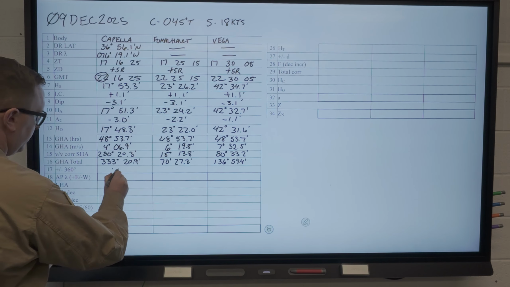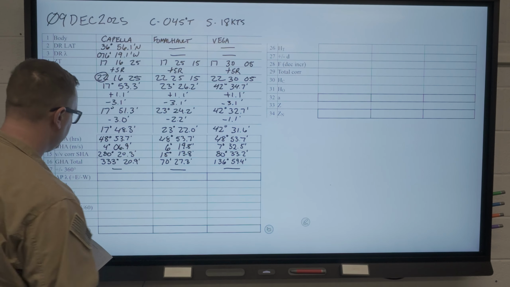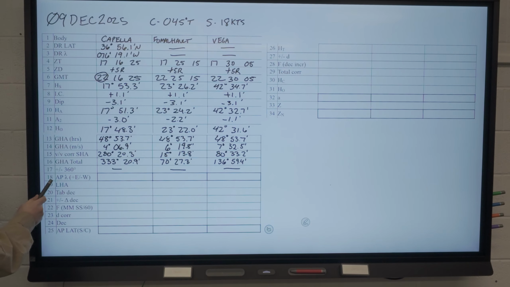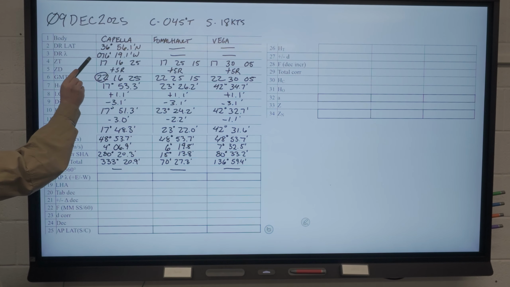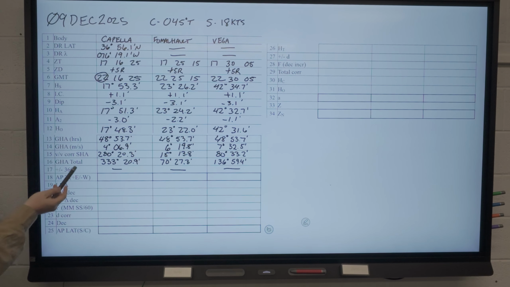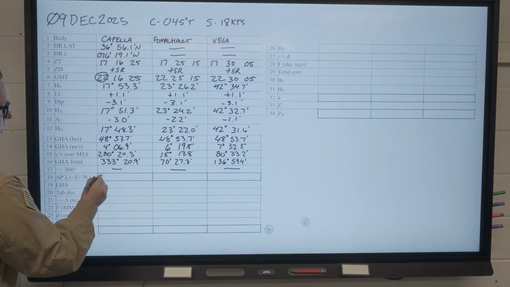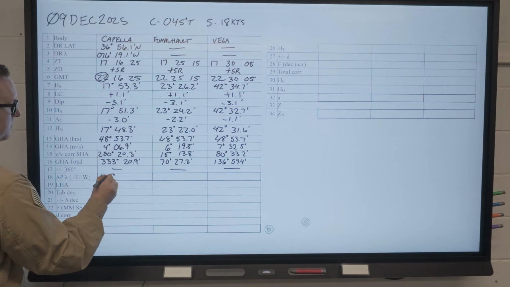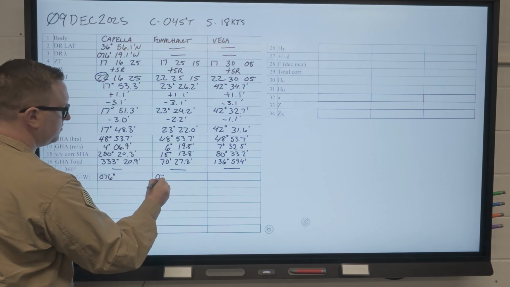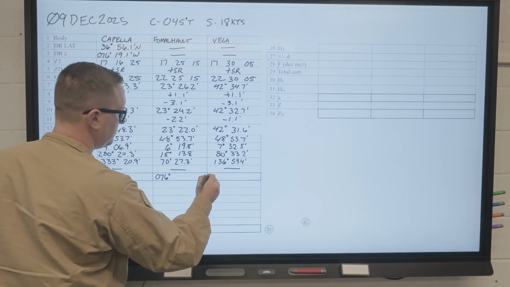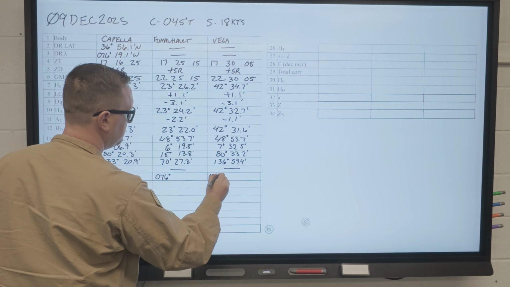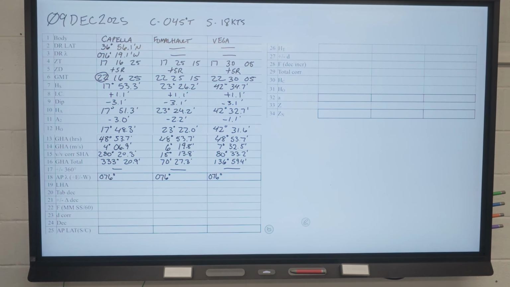So none of them were above 360. Just cross them out. Now we're going to find our assumed position for longitude. To get that, all you're going to do is take the degrees from your DR longitude and just write them in. All right.